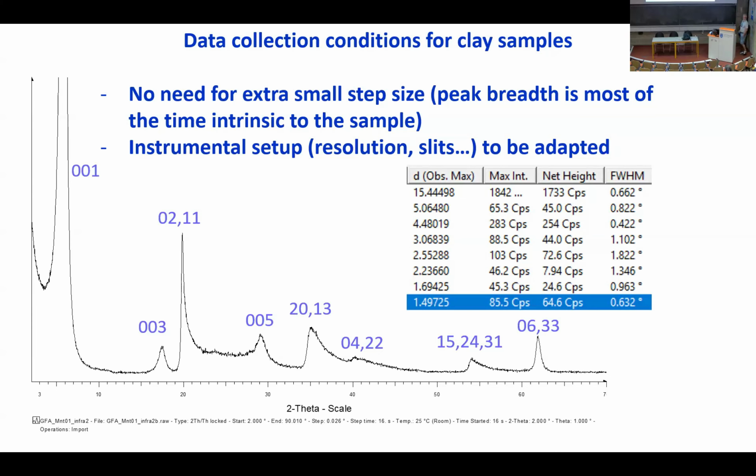And so, to paraphrase, if you have a mixture of poorly crystalline or small crystals and well crystallized or large crystals with sharp peaks, you would choose the step size that would allow you to have 7 data points up to the half max of the most narrow peak that you are worried about. Yeah, exactly.